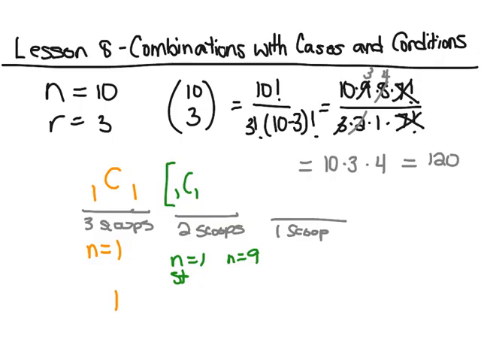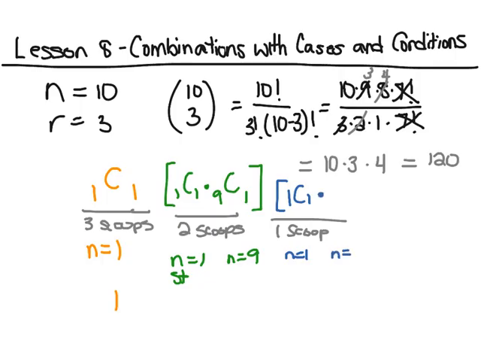There's only one way to pick 2 strawberries, but there are 9 different ways to choose the last remaining scoop. So that second part is 9C1. And for the last one, for your scoop of strawberry, there's only 1. So it's 1C1. There's only one way to choose 1 scoop of strawberry.